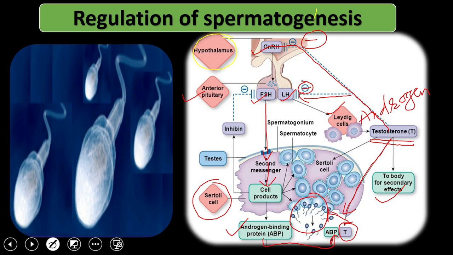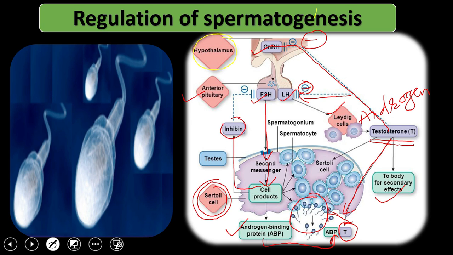Another negative feedback is given by Sertoli cells. If there is excess spermatogenesis, Sertoli cells produce inhibin hormone.